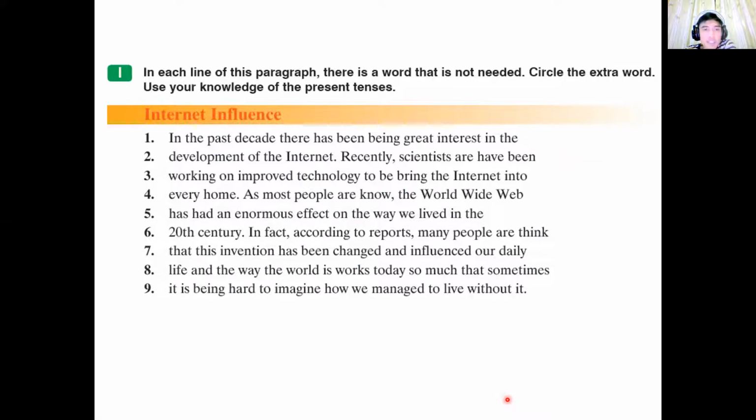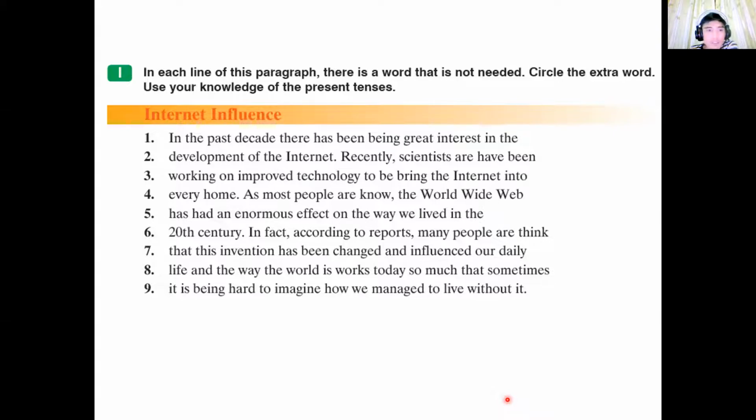Next, in each line of this paragraph, there is a word that is not needed. Circle the extra word. Use your knowledge of the present tenses. Here we're going to circle the extra word. We're going to find the word that is not necessary in each sentence.